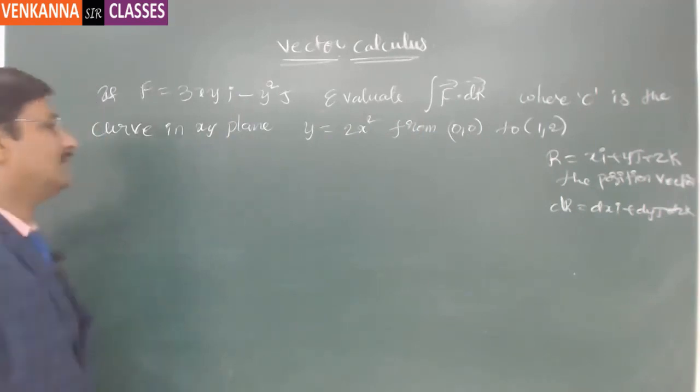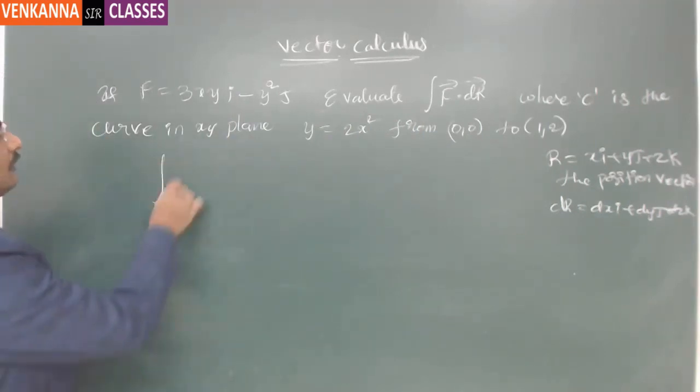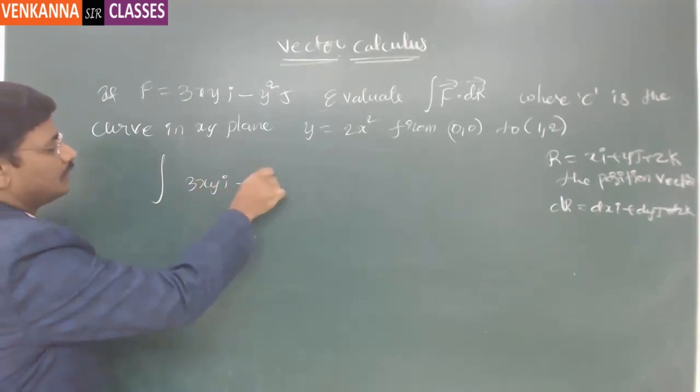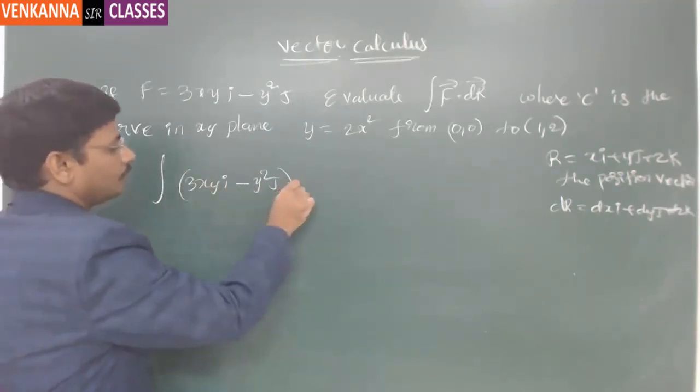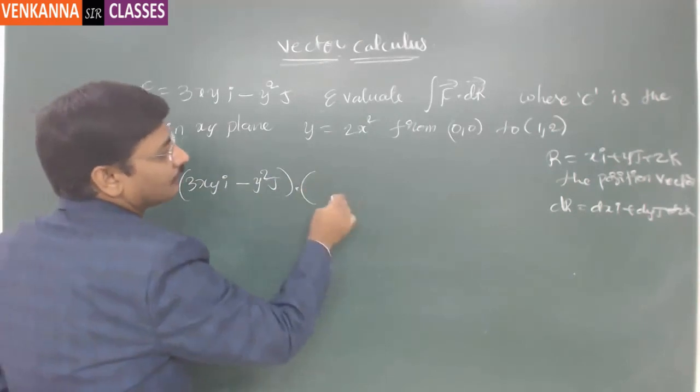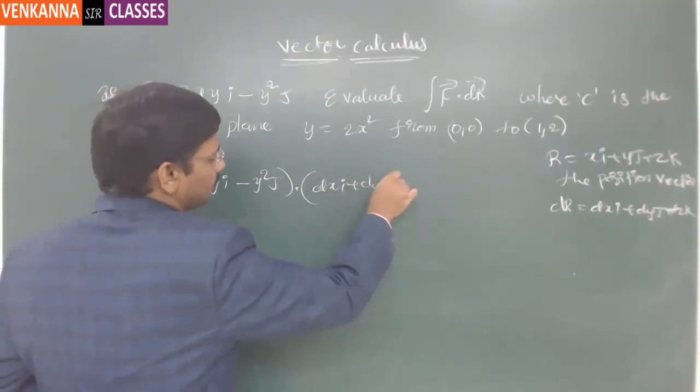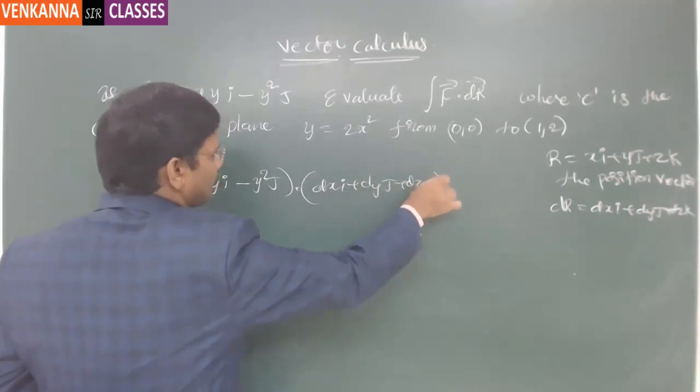Now we find F dot dr: 3xy i minus y square j dotted with dx i plus dy j plus dz k.